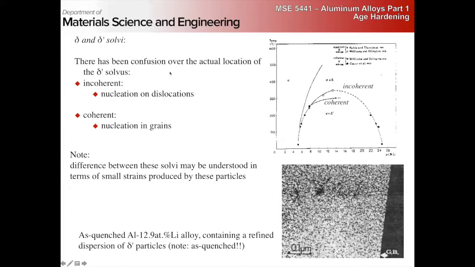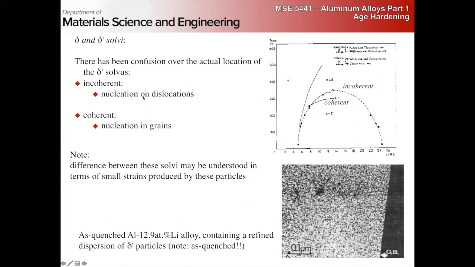If you look in the literature, there's a lot of confusion about this delta prime solvus. That's because particles that were nucleated coherently or incoherently, depending on the interface type, whether they were nucleated homogeneously or heterogeneously, are going to have different solvi.